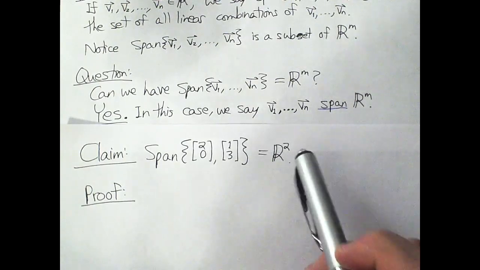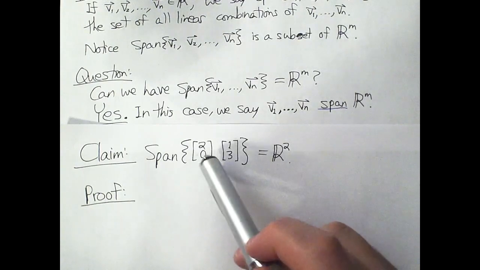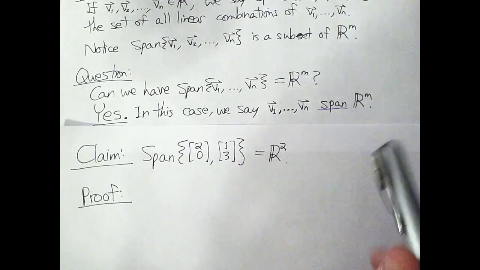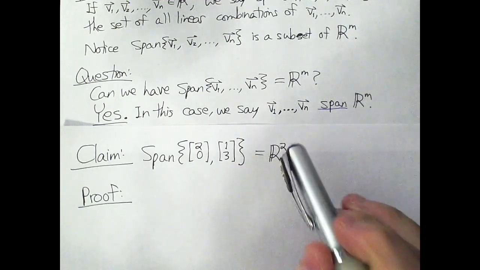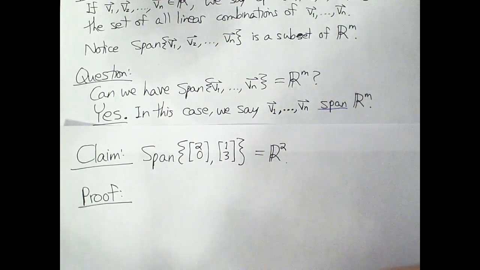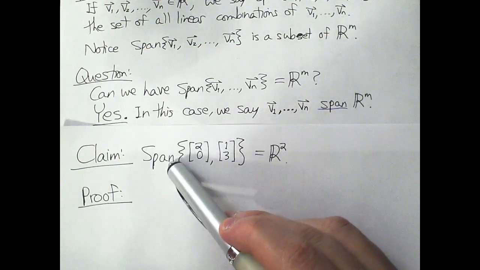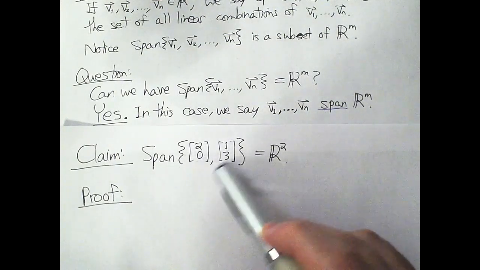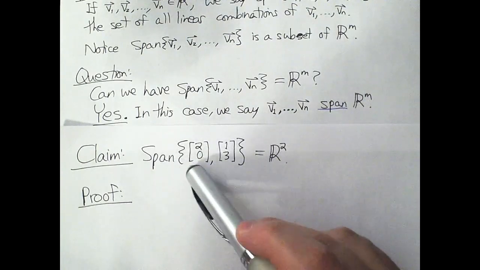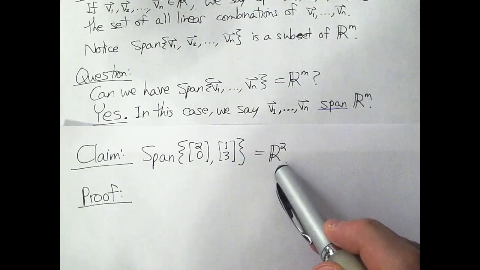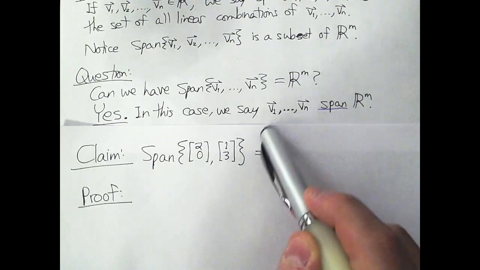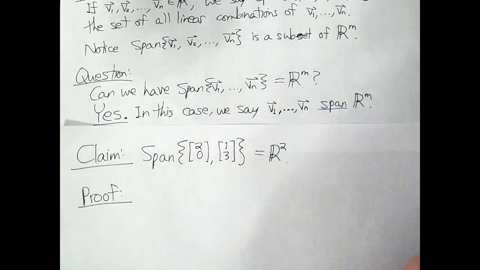We can get any vector with two entries as a linear combination of these two things. We're not missing any vectors at all.